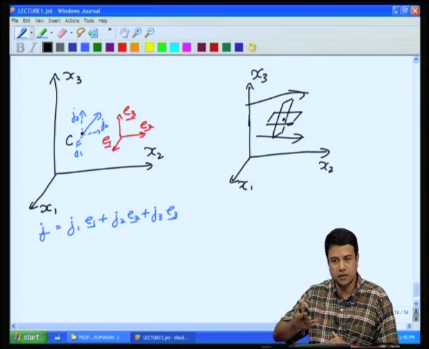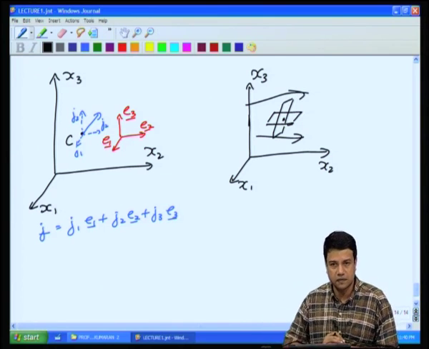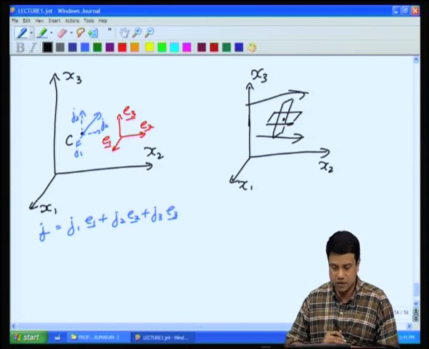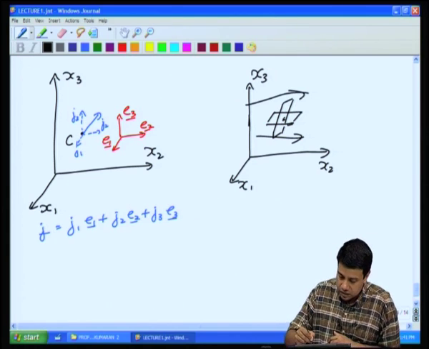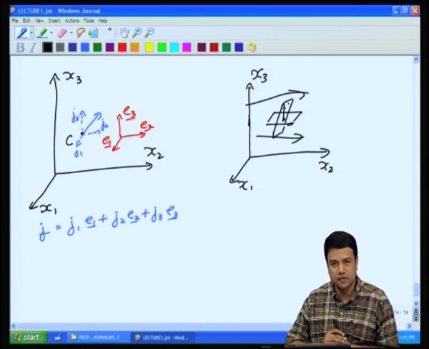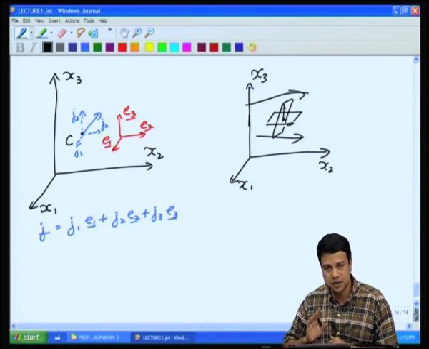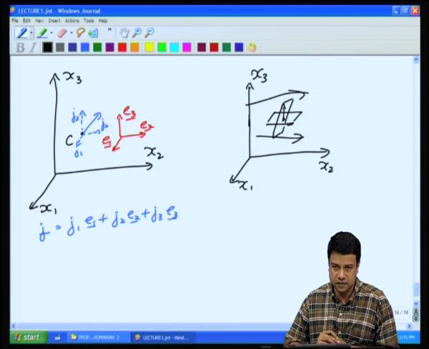And as I change the orientation in various directions, I will get different forces. The orientation of the surface can be defined in terms of the perpendicular to the surface. What is called the unit normal to the surface gives me a direction. That unit normal completely specifies the orientation of the surface.